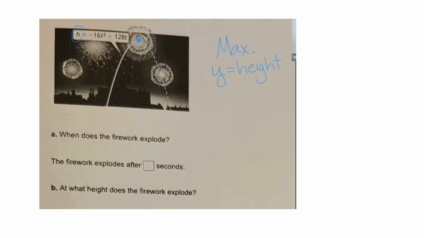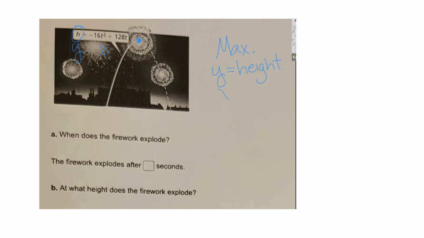And then t, they're using t for x, right? So this is really the same thing. They're just using h for y and t for x. Just keep that in mind to keep us from getting too confused.